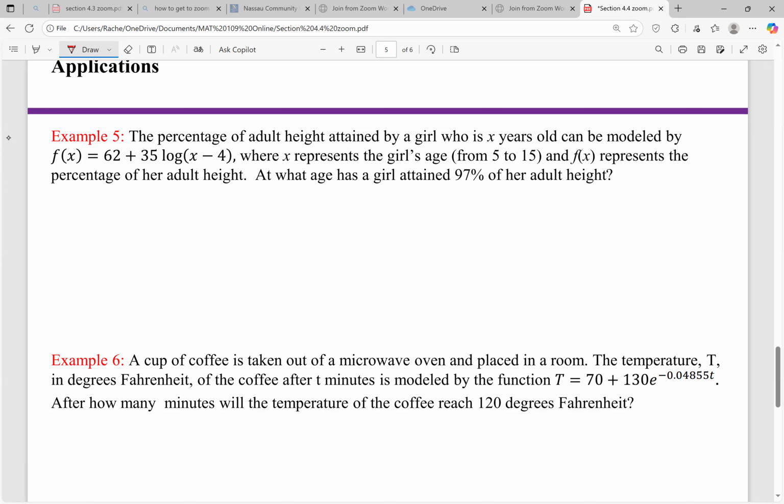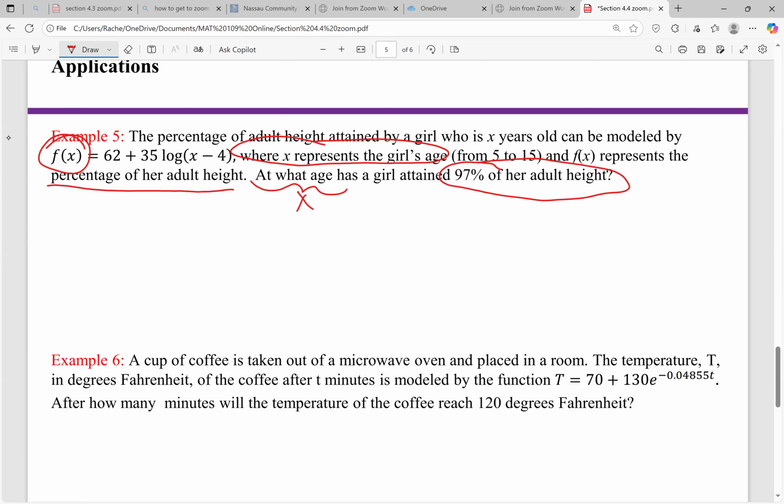So we want to know at what age. Age is x, right? X represents the girl's age. And f of x, or y, represents the percentage of her adult height. We're being given the percentage of her adult height.